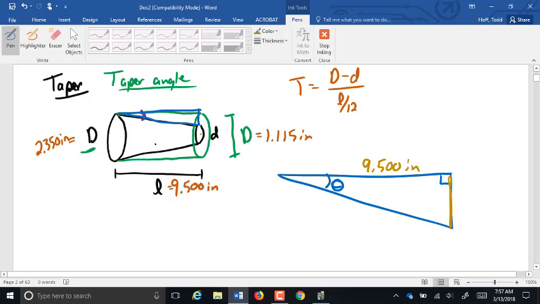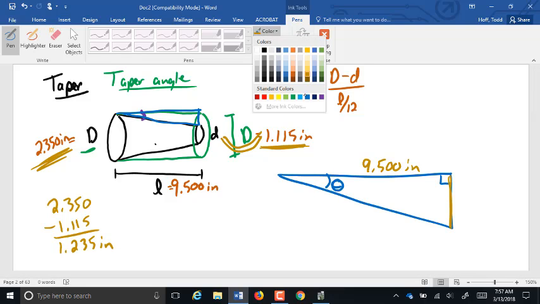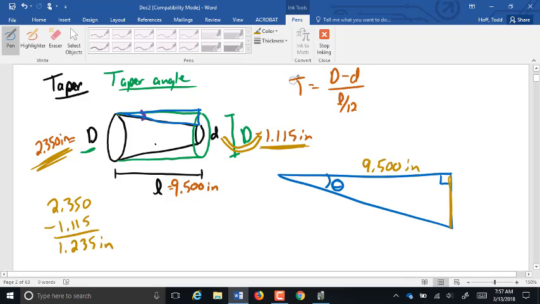Because it's half the difference between the big diameter and the little diameter. So if I subtract 2.350 minus 1.115, I get 1.235 inches. I have to divide that by 2. Divide that by 2 gives me 0.6175 inches.